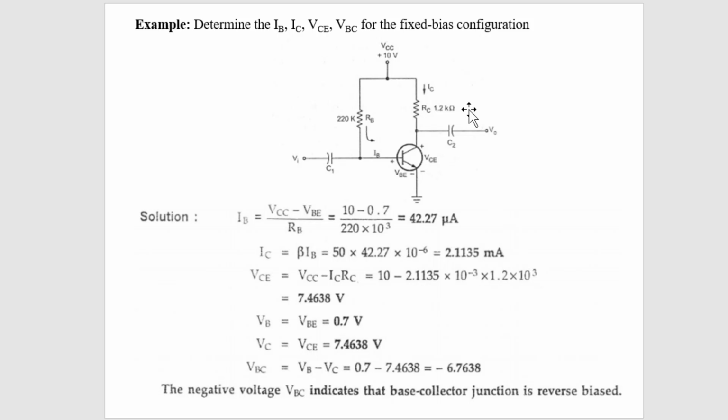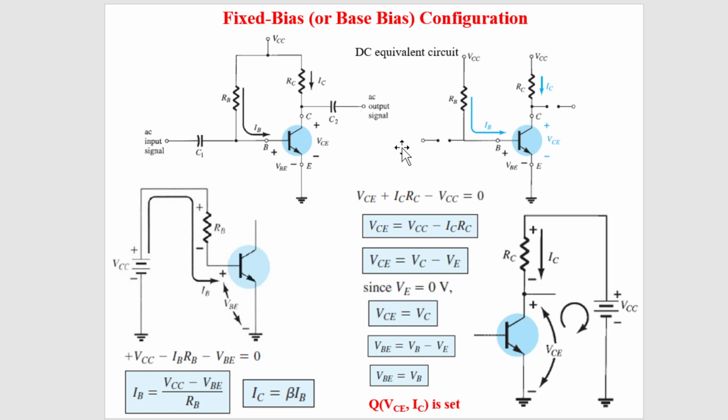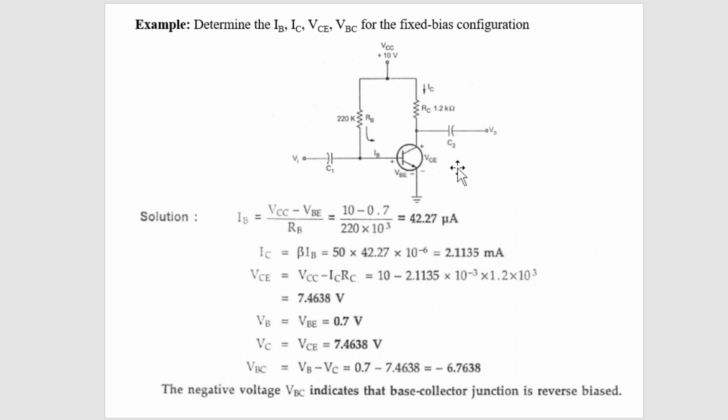In order to calculate the base current, we have to apply Kirchhoff voltage law in the base-emitter loop.